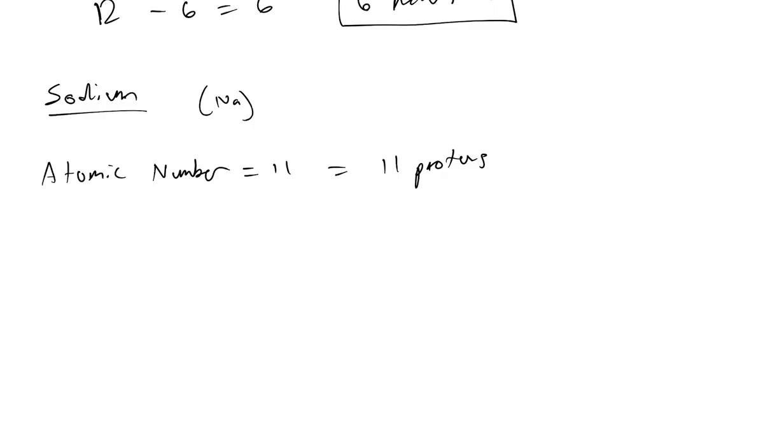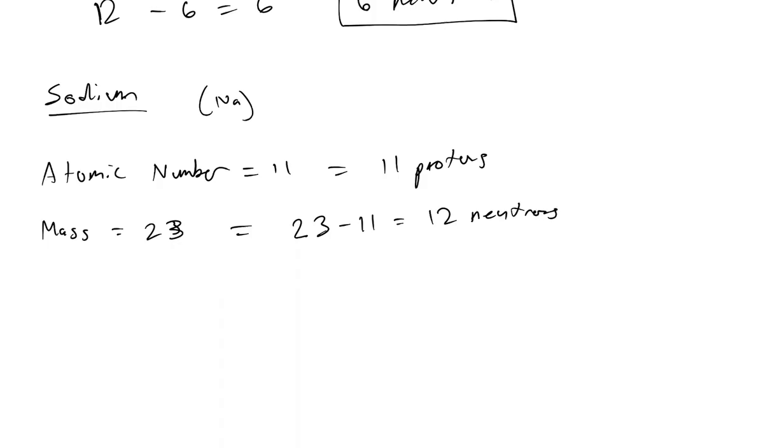What's the mass number? The mass is equal to 23. So if we want the neutrons, that means 23 minus 11 is equal to 12 neutrons.